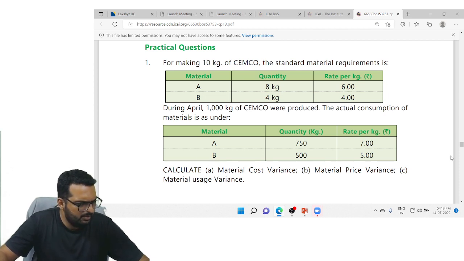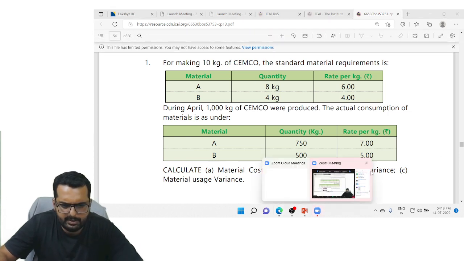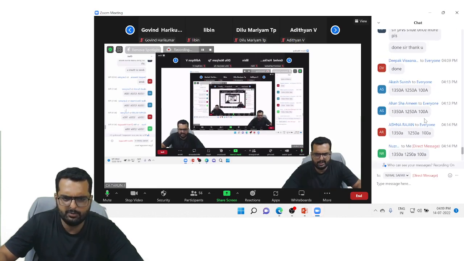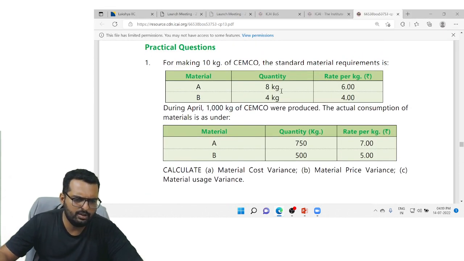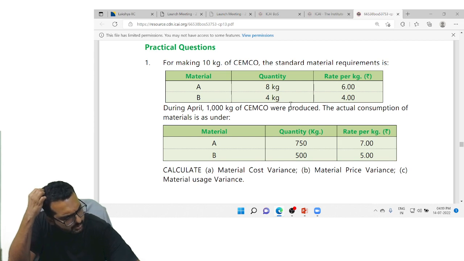I think I missed a few chats. Are you all getting the answer 1350, 1250, and 100? It's a very easy problem, right? Actual output is 1000. So what will be the SQ, friends? It will be 8000 and 4000. Did you all get that 8000 and 4000, friends? All of you? So I'll just give the summary over here and we can go to the next problem.